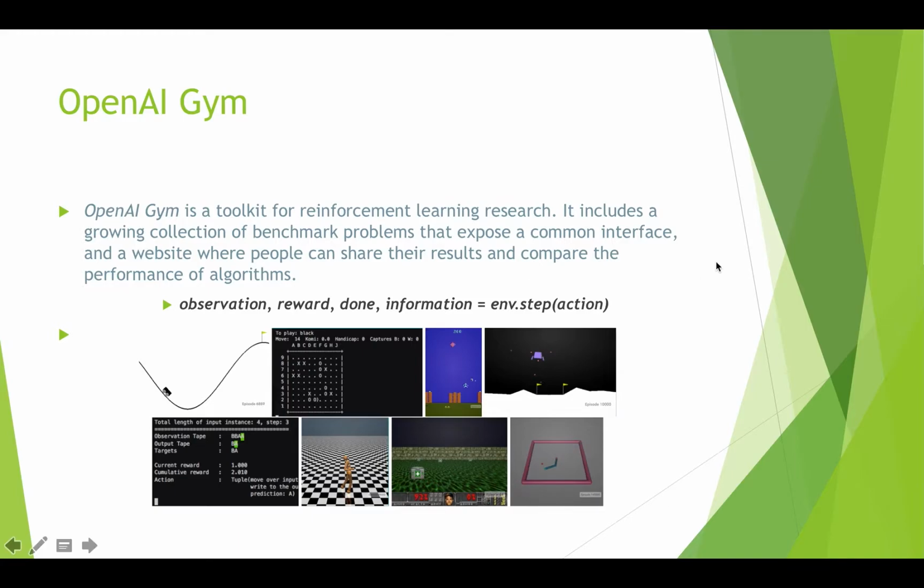For every action we choose, the output of the environment will be the observation, the reward, and done, which means whether this episode is over, for example, if you're playing a game and you die in this episode, and all other information included in this environment.